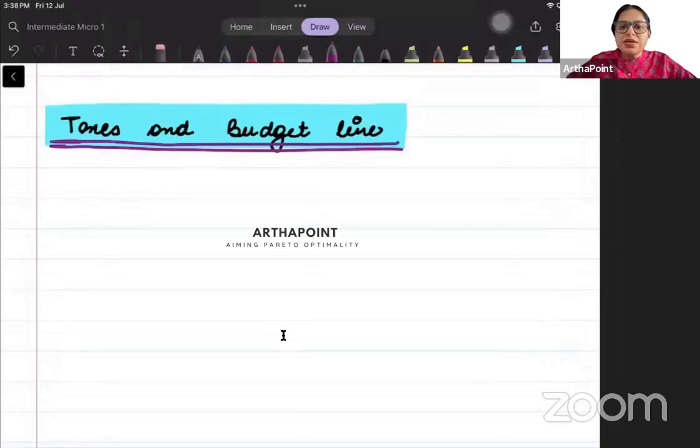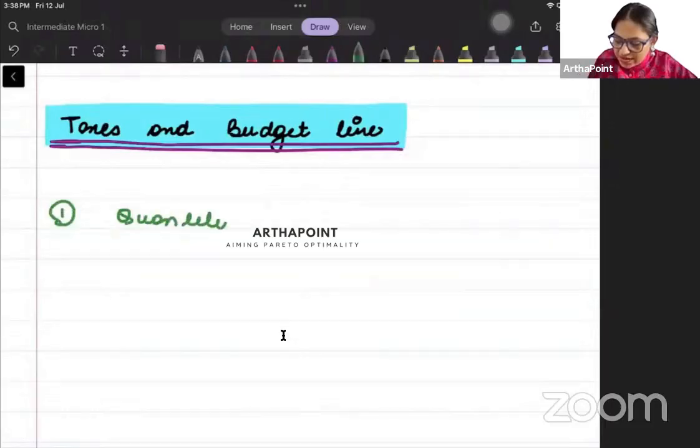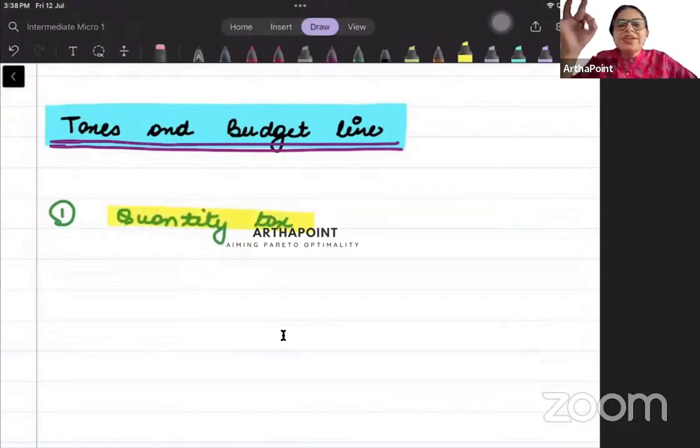Now, beta, there are three kinds of tax that I will be teaching you today. Tax number one is called quantity tax. Quantity tax is a tax which is imposed per unit that you consume. समझो बेटा.